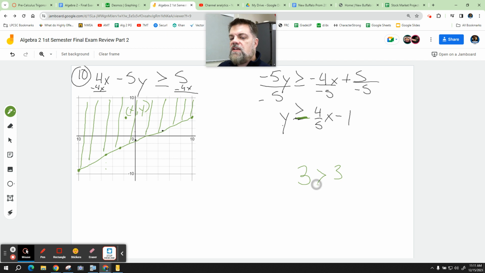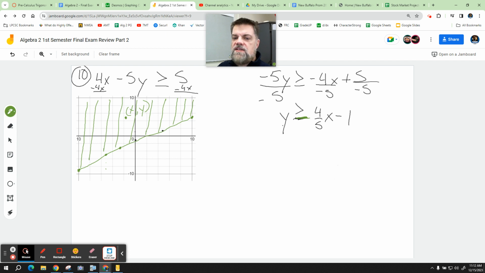But I could say 3 is greater than or equal to 3, right? So when you pick a point on this line, the left-hand side is going to equal the right-hand side. And if you don't have that equal sign, then the statement's not true. So you wouldn't include those values.